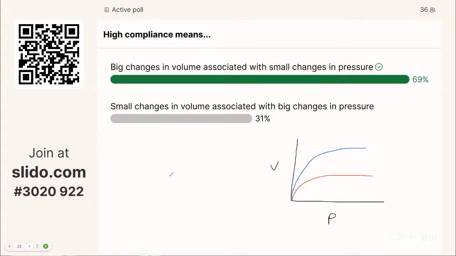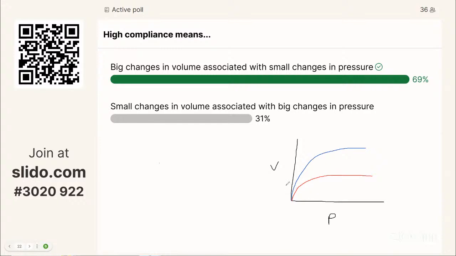And so how are we reading this, right? We're talking about volume here. When we think about high compliance, this high line, what we're noticing is that when we have a big change in volume, we could shoot all the way up. This does not take much pressure. This low line didn't even get up that high, so I'm going to back us out and pick somewhere where we can get to the same volume.